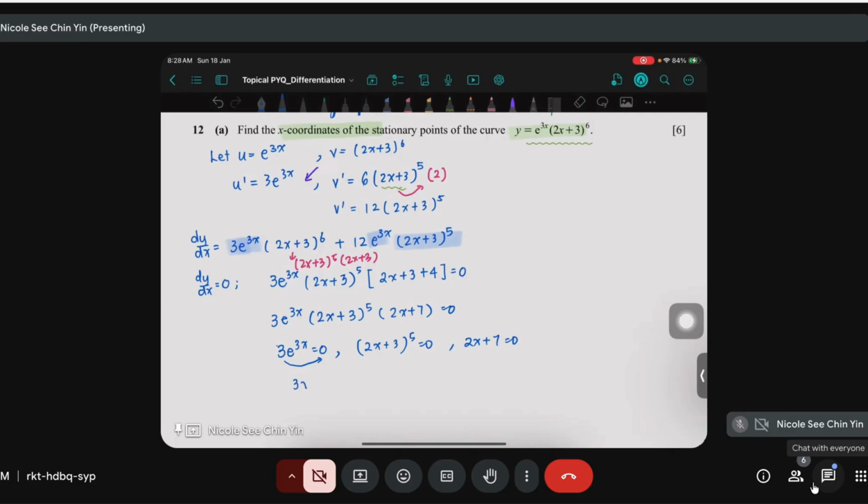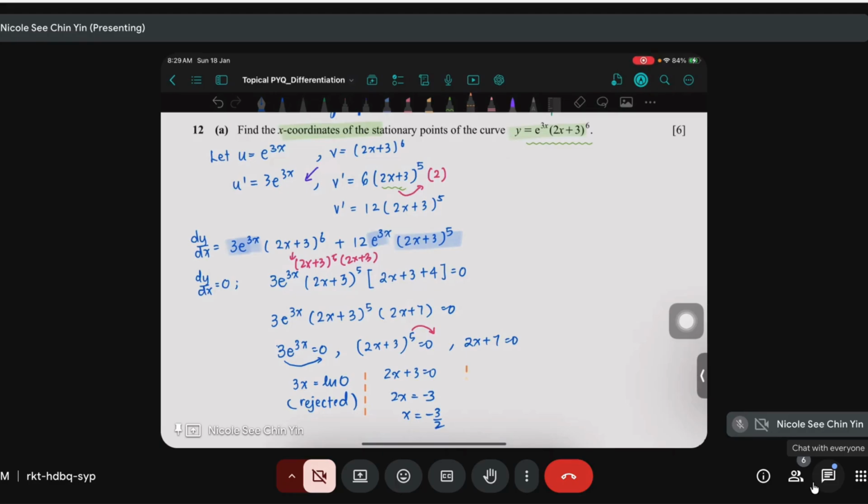So e^(3x) equals 0 is basically rejected because ln 0 is undefined. However, we work on the second argument. When you look at the second one, your power moves to the other side and also becomes 0. So basically, you just need to solve 2x plus 3 equals 0. So my 2x equals negative 3, x equals negative 3 over 2.